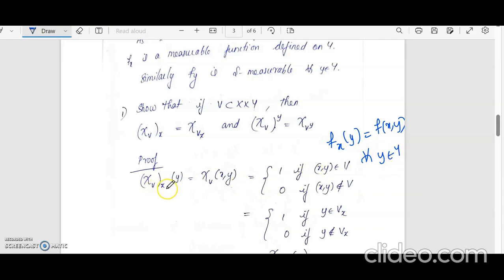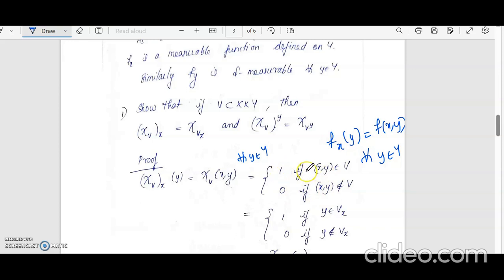So the x section of chi V will be equal to chi V of xy, for all y belongs to Y. Now by the definition of chi V, it will take the value 1 if the point belongs to the set V, so it will take the value 1 if xy belongs to V, and it will take the value 0 if xy does not belong to V.